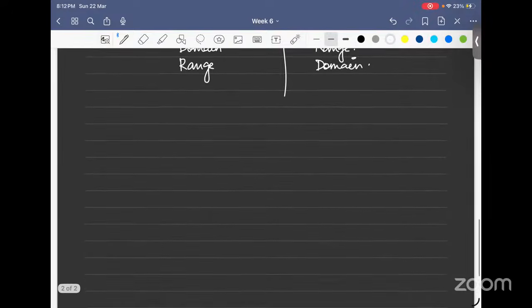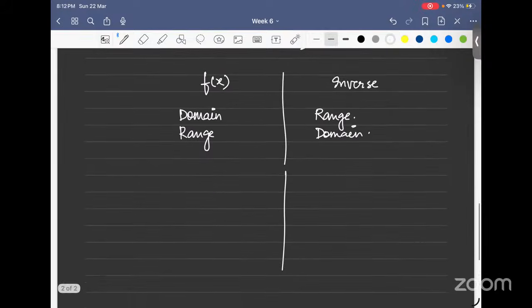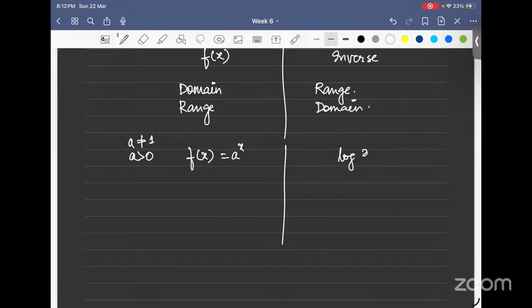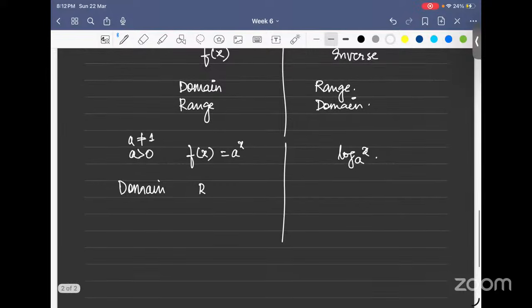Now, for example, you have a function f(x) = a^x, with the condition a is greater than 0 and a is not equal to 1. So now for the function log x base a, what will be the domain of the exponential function? Real line. Okay, real line. So the range of the logarithm will become what?